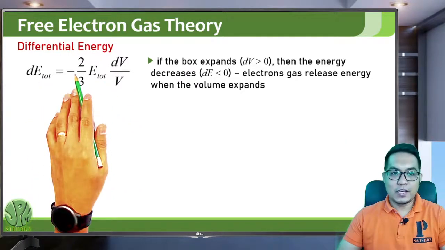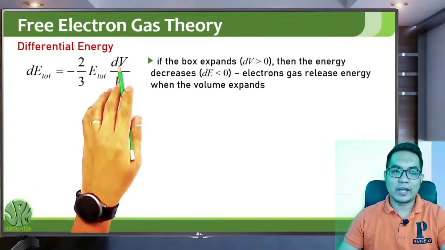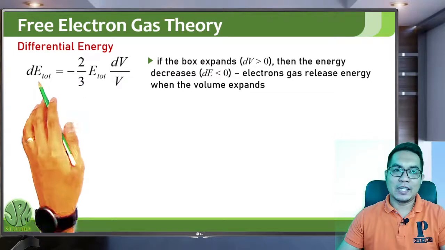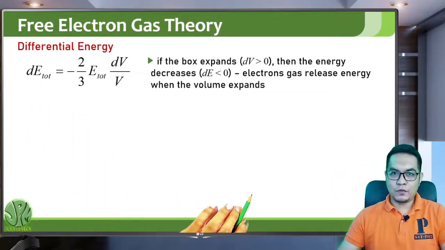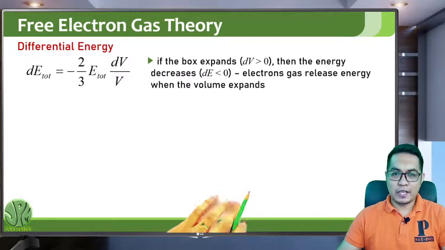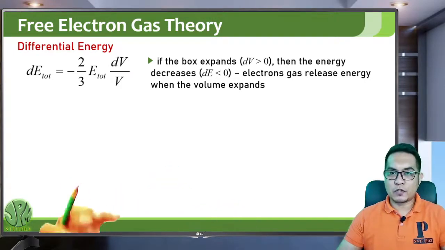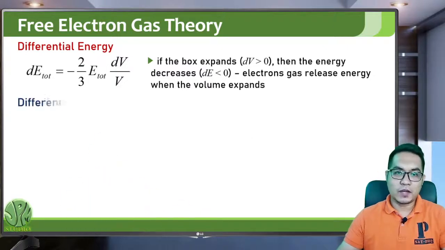And the converse is when the box contracts, so dV is negative, so you have a negative sign here, dE is positive. So when the size of the solid expands, the energy actually decreases. The free electron gas actually releases energy when the volume expands and absorbs energy when the volume contracts.